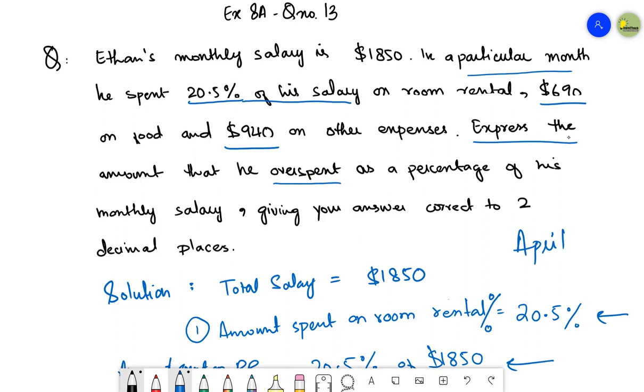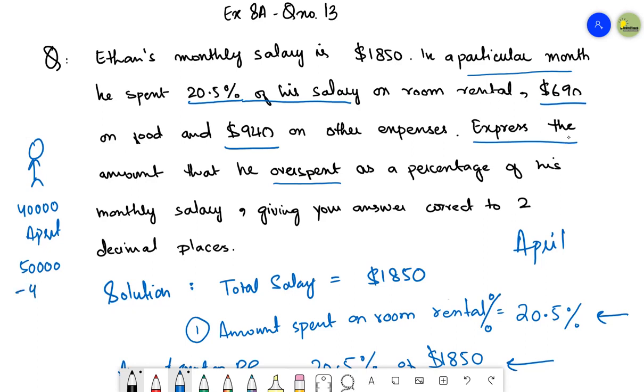Let's suppose there is a person whose monthly salary is 40,000. In the month of April, he has spent 50,000. It means how much money has he overspent? Just subtract his salary from the expenses.